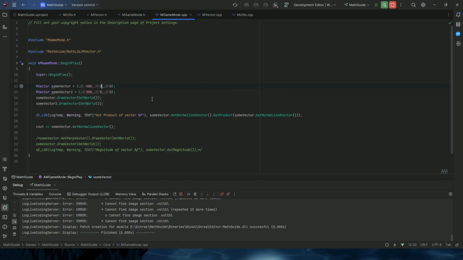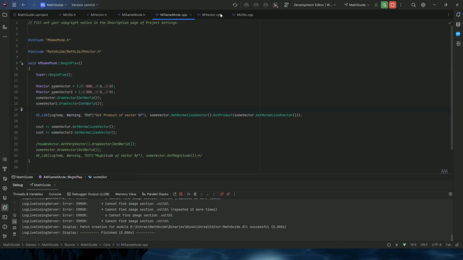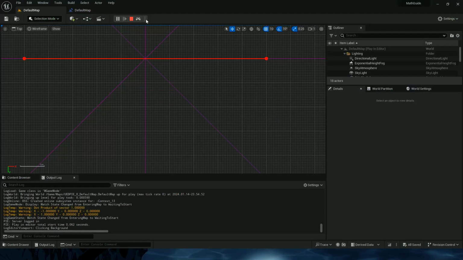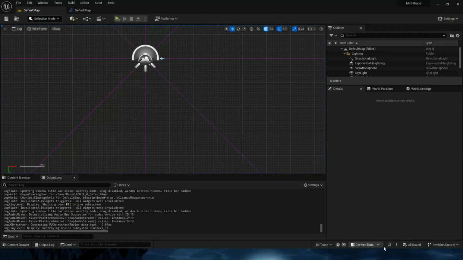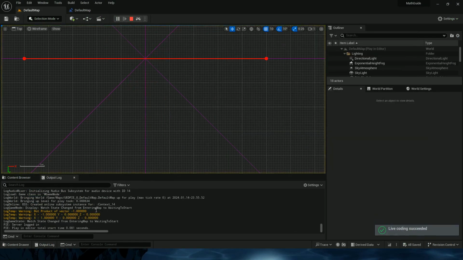So let's check if we have done something wrong. When we are calculating the dot product, we are multiplying the value, yes. Okay, that was my mistake, because I have written some vector here and some vector here, so it should be some vector 2. It gave me goosebumps for a second. Let me compile it again. Okay, let's play. And now you can see it is minus 1.